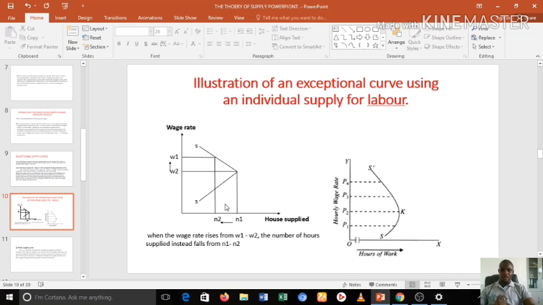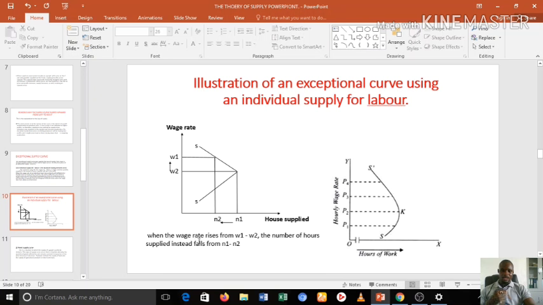area. Now, realize that as the wage rate increases, this W here stands for wage. As the wage rate increases from W2 to W1, quantity supplied, or the number of hours put in for work, falls from N1 to N2.